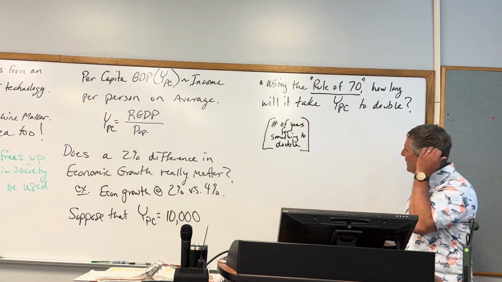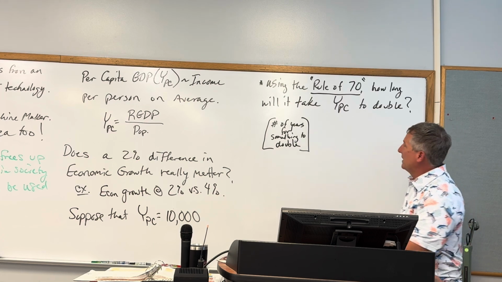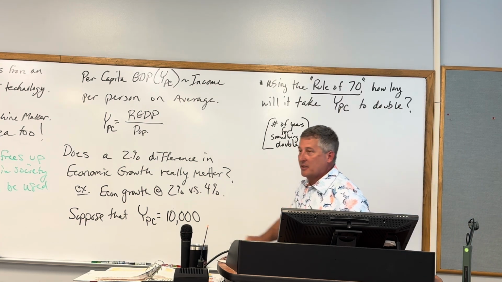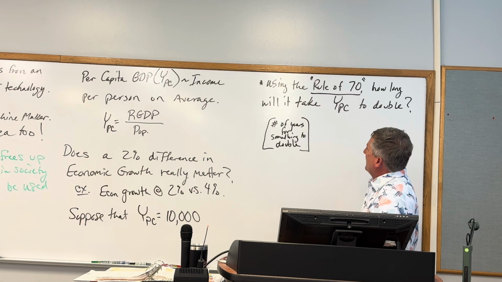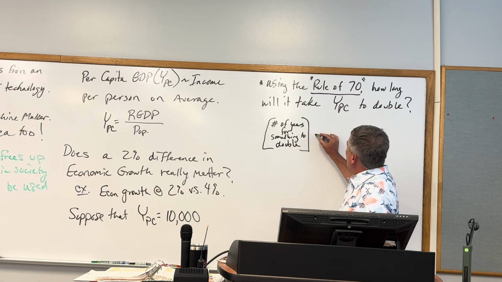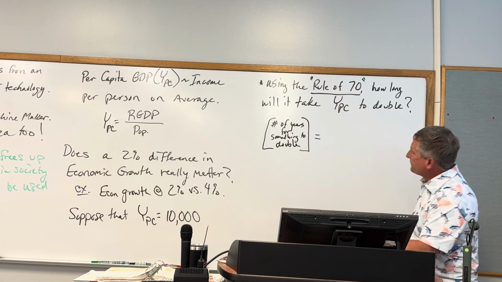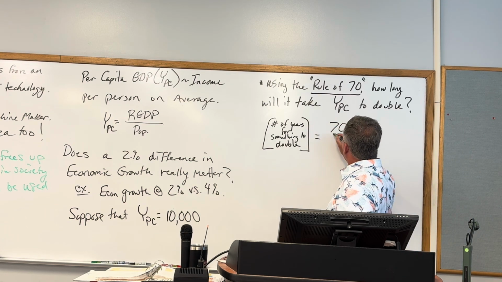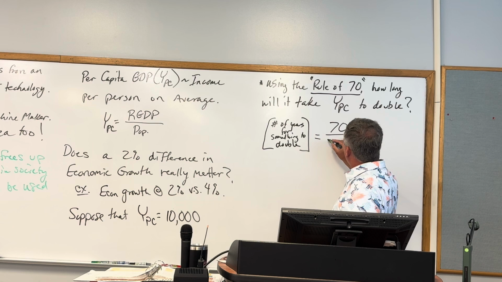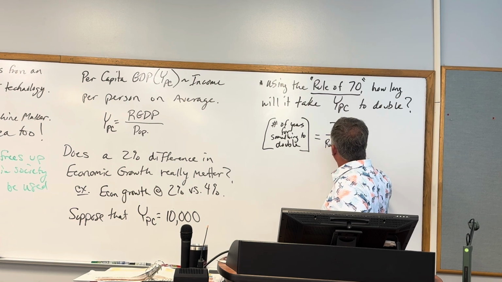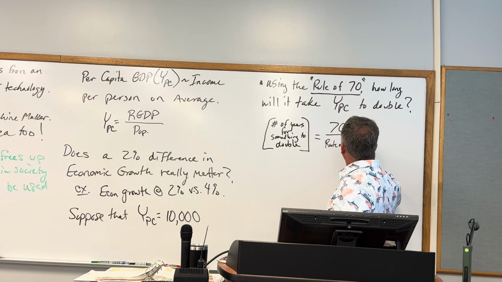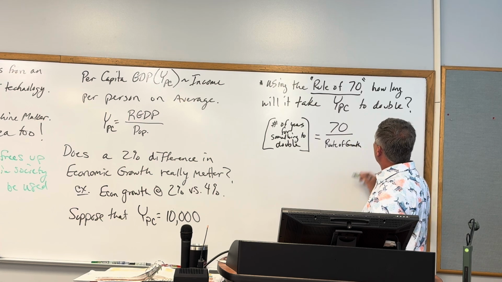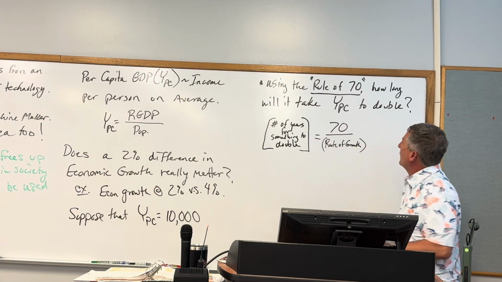The number of years for something to double in size, so to go from 10,000 to 20,000 in this example, that number of years is equal to 70 divided by the rate of growth.